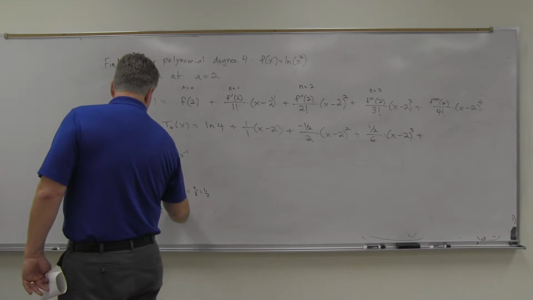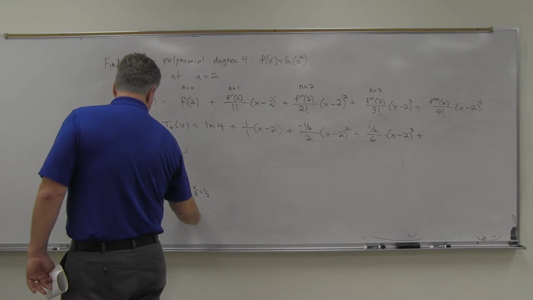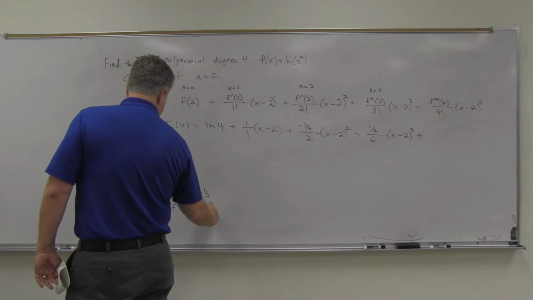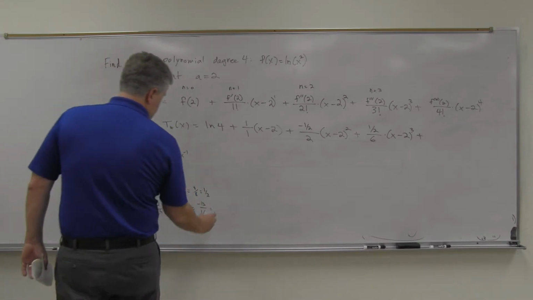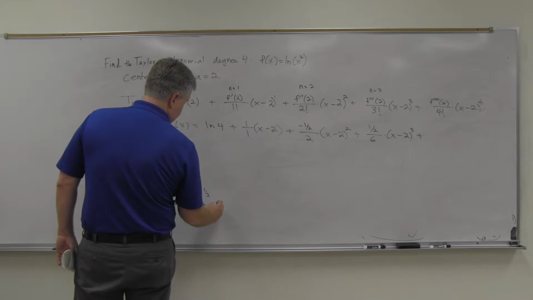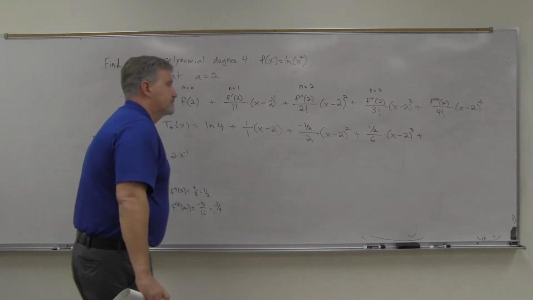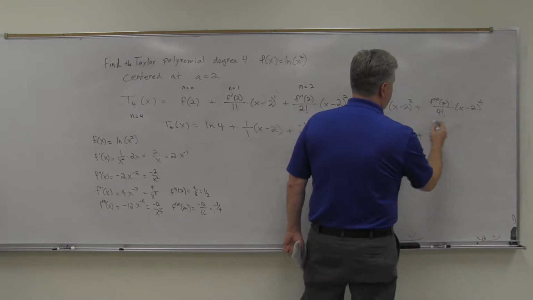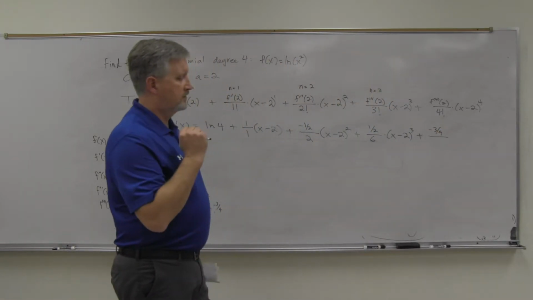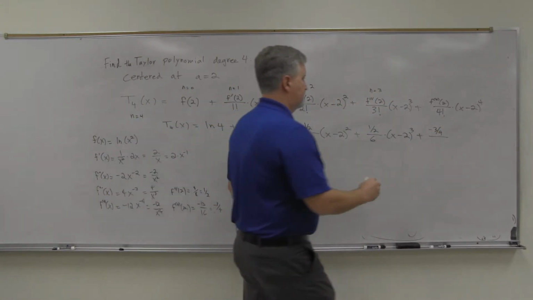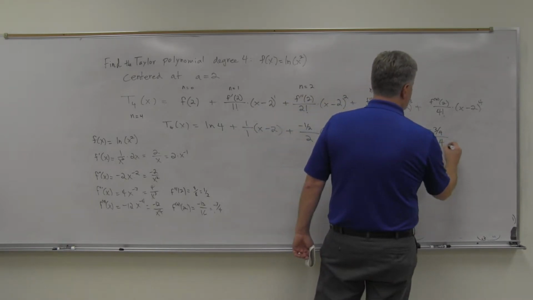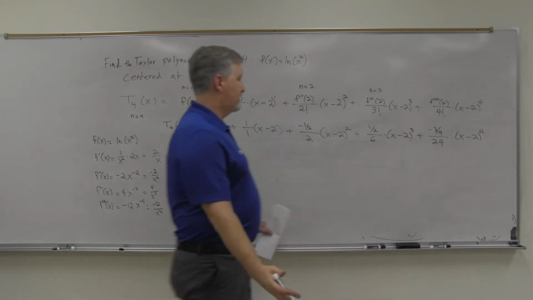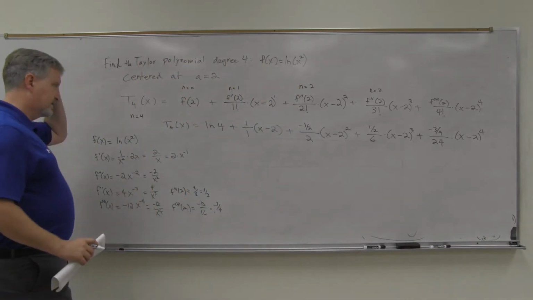So the fourth derivative at 2 would be negative 12 over 16, which is negative 3/4. 4 factorial, 4, 3, 2, 1 is 24. Times x minus 2 to the fourth.